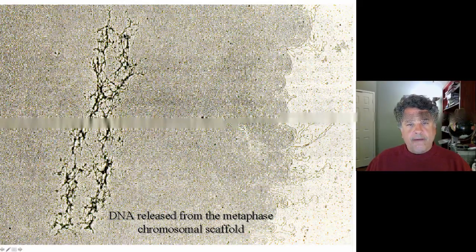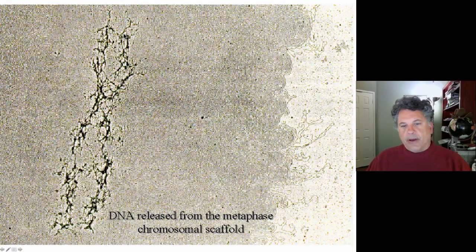So here what we have is an electron micrograph that Oscar Miller created back in the 80s. And these dark lines here represent the scaffolding of what was an intact metaphase chromosome consisting of two chromatids.